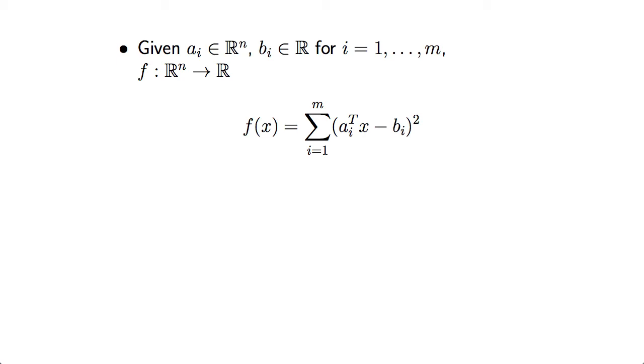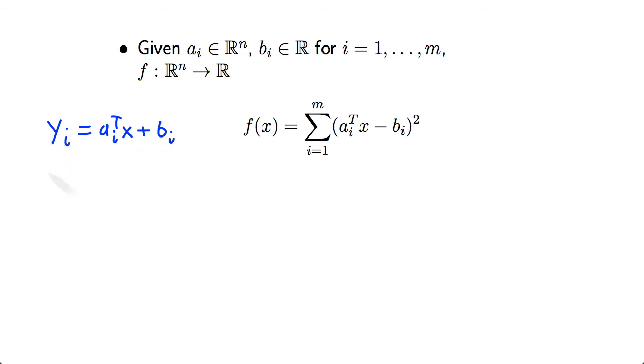To start off, suppose we had some vector, y I'll call it, where y_i was just equal to this term. So y_i was equal to a_i transpose x minus b_i. Remember, here this is a scalar value because this is an inner product of 2 vectors of size n, and this is another scalar, so this y_i would be a scalar value.